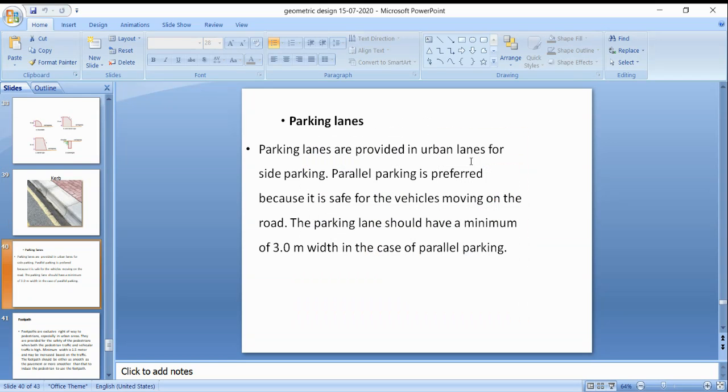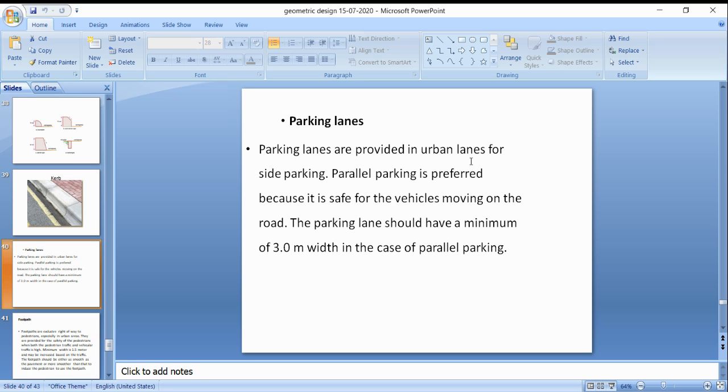Next comes to the parking lanes. So what is the need of parking lanes? It is used to park your vehicle to the side. So that parking lanes are providing urban lanes for side parking so that it is safe for the vehicles moving on the road.